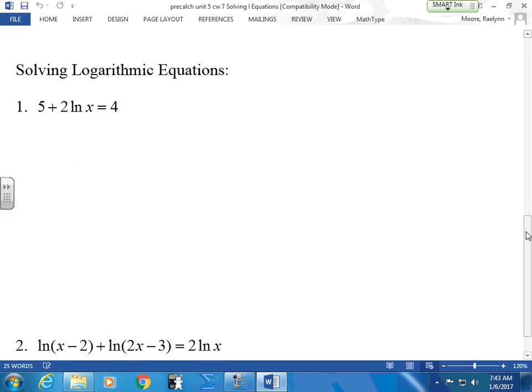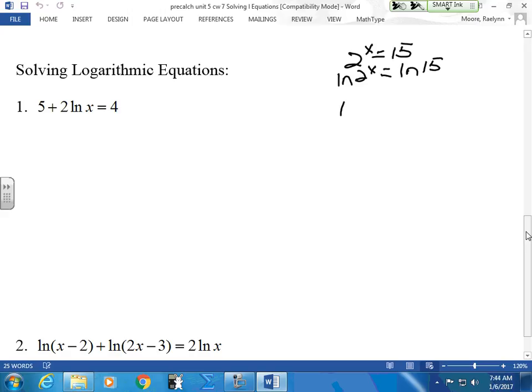So again, now, that I had logs on both sides. This time, I have logs on one side. So I can't get rid of that log, and I can't put a log on the other side. I can only put a log on both sides.